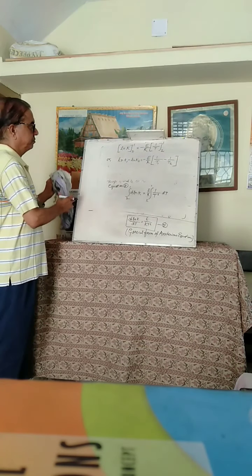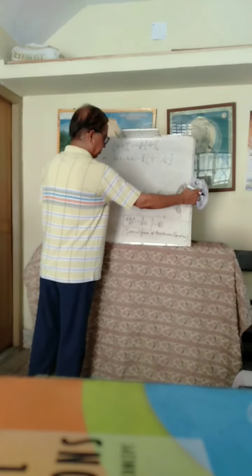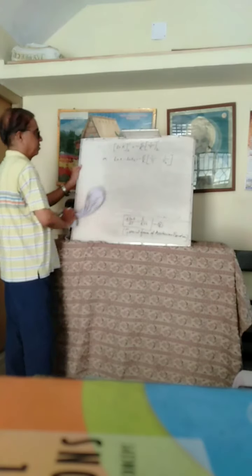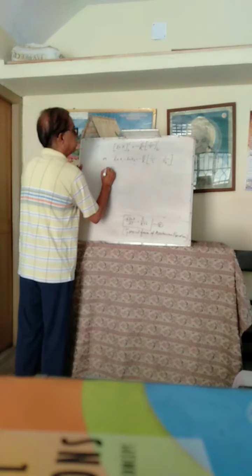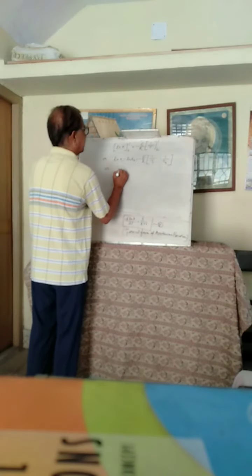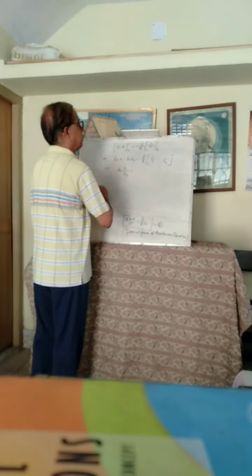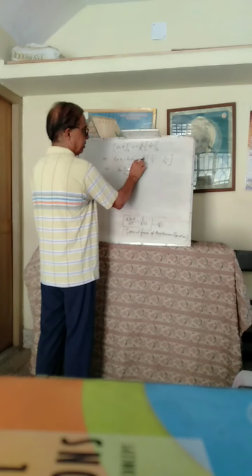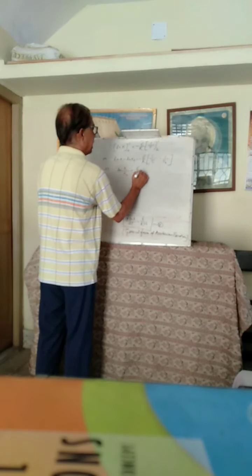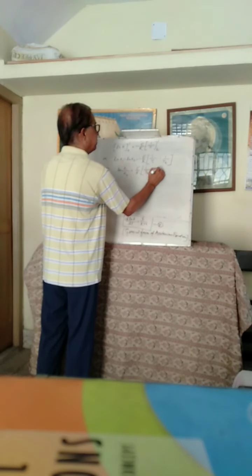Or ln k1 upon k2, taking this minus sign inside, is equal to E upon R, 1 by T2 minus 1 upon T1.